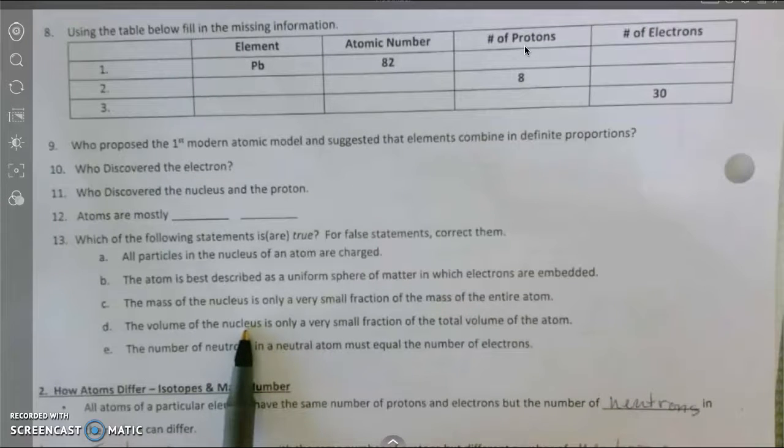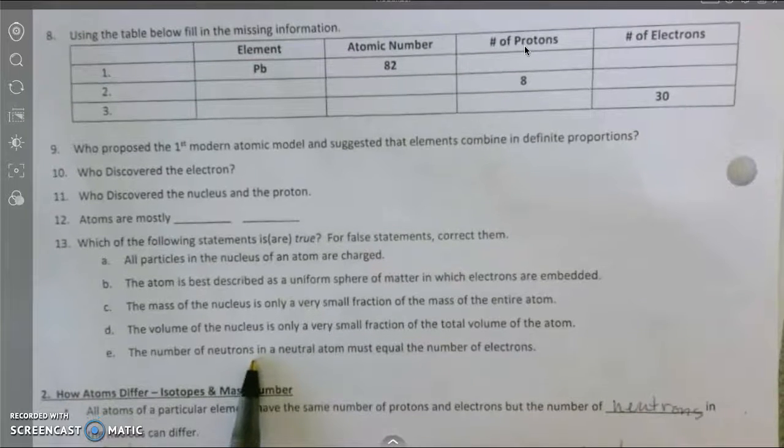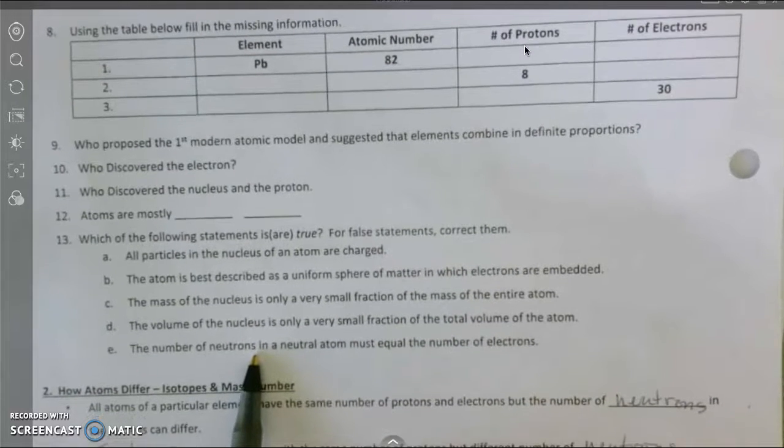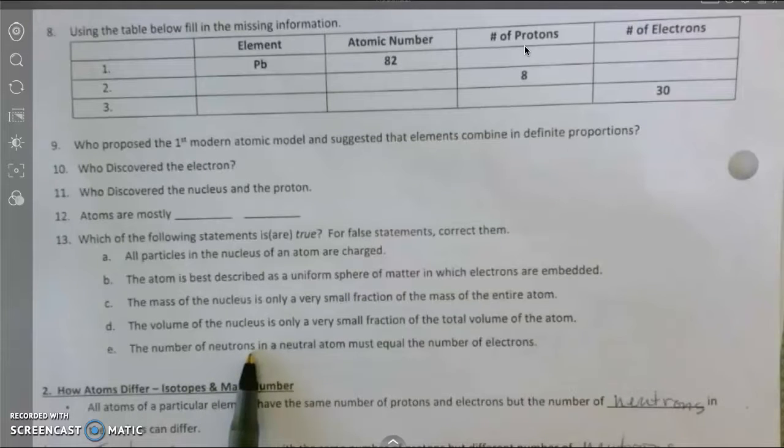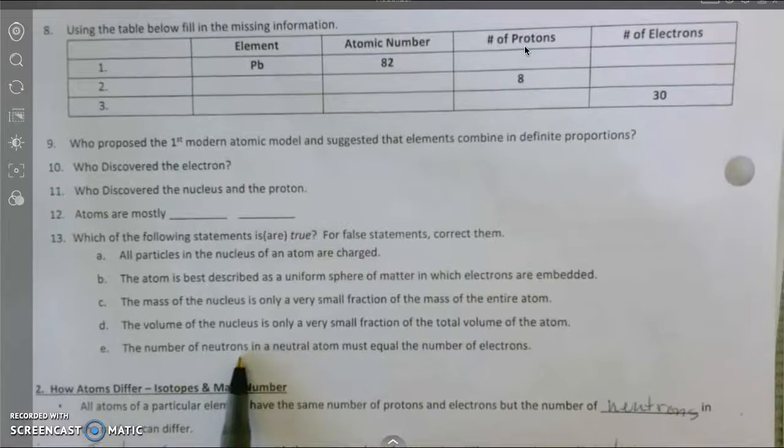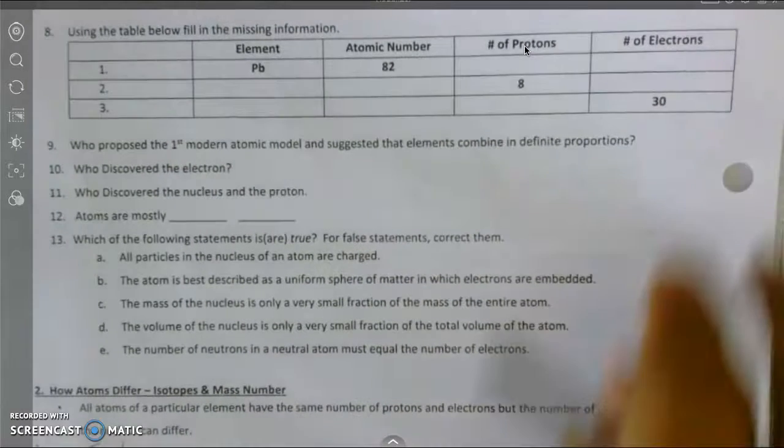That one is true, because remember, atoms are mostly empty space, and even though the nucleus contains most of the mass, it's only a tiny fraction of volume where all that mass is found. And then E, the number of neutrons in a neutral atom must equal the number of electrons. That's false. The number of protons needs to equal the number of electrons in a neutral atom.